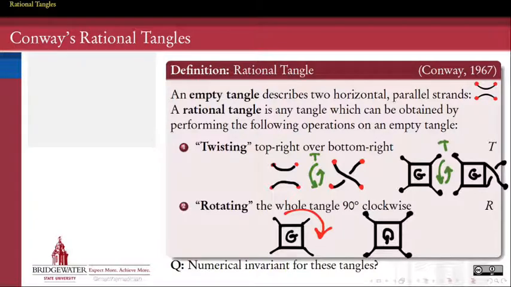Okay. So each of these dance steps is going to take our old tangle and produce for us a new tangle, right? Because what defines a tangle is the fact that we have these two ropes and that the ends of the two ropes are at the four corners of this square that you're standing in.